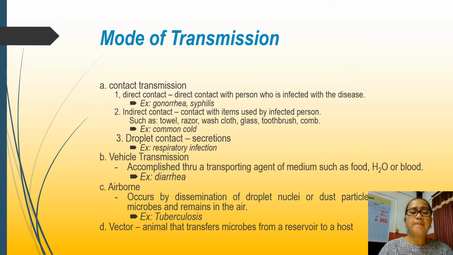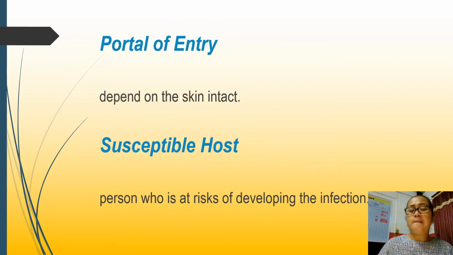Occurs by dissemination of droplet nuclei or dust particles, microbes that remain in the air. Example, we have tuberculosis. Letter D is your vector. Vector: an animal that transfers the microorganism from a reservoir to a host. Examples of which we have your mosquito bite or your dengue fever, malaria, rabies, and all.